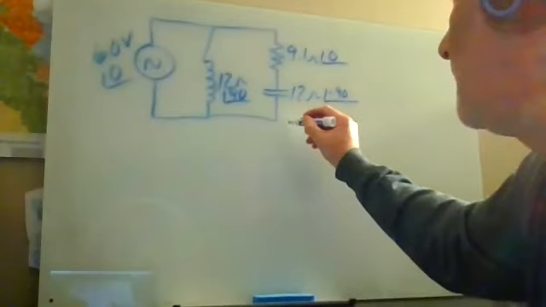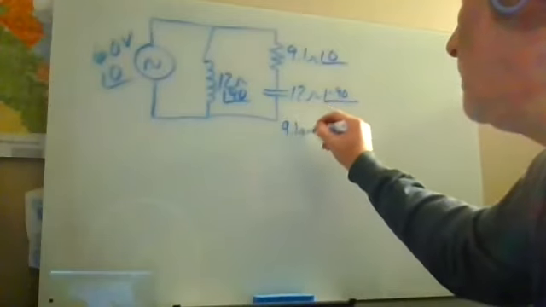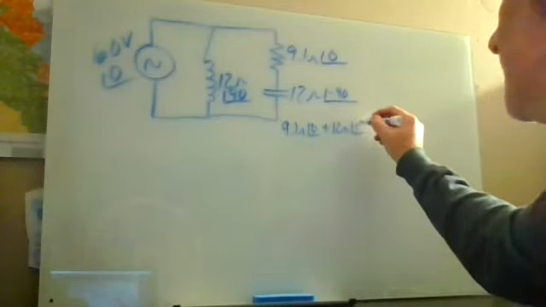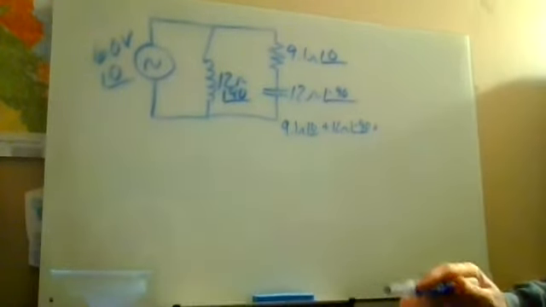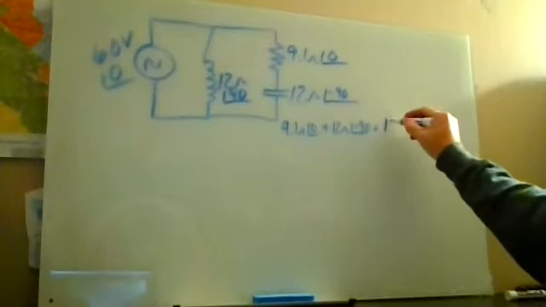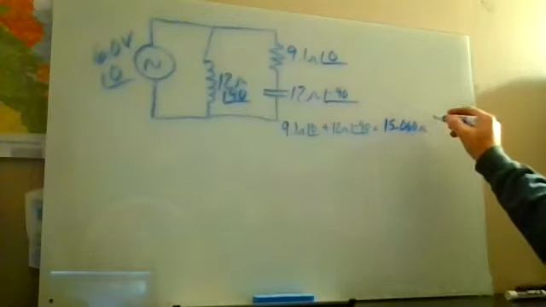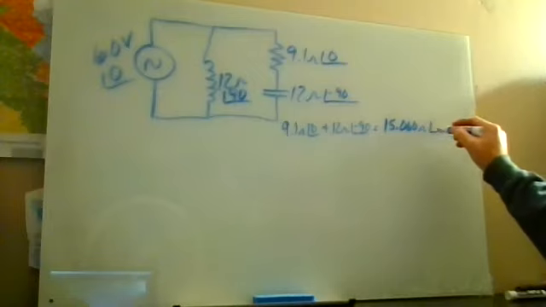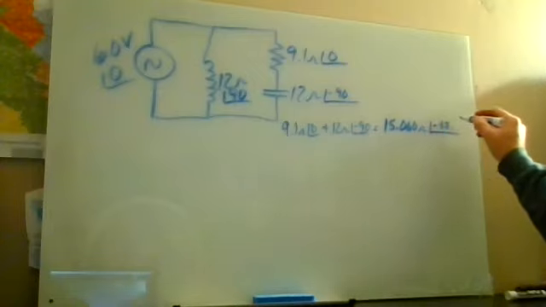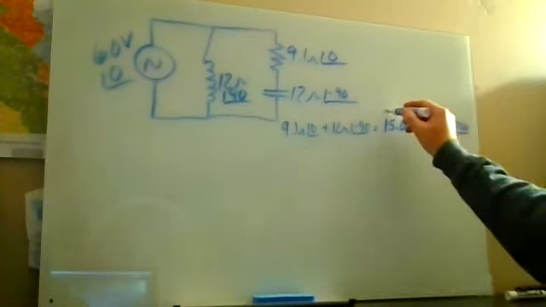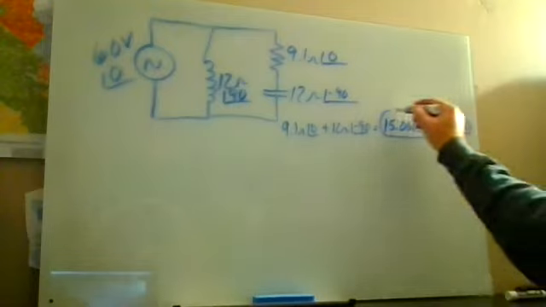So I'm just going to say 9.1 ohms at an angle of 0 plus 12 ohms at an angle of negative 90 equals, and I'm going to punch that in my calculator because that's how I find Z total in a series circuit. When I do that, I should get 15.060 ohms at an angle of negative 52.826. And just like I did in DC, I'm going to circle it.